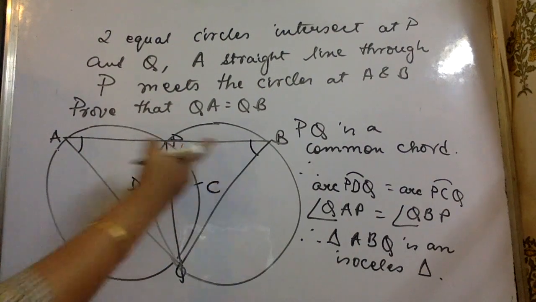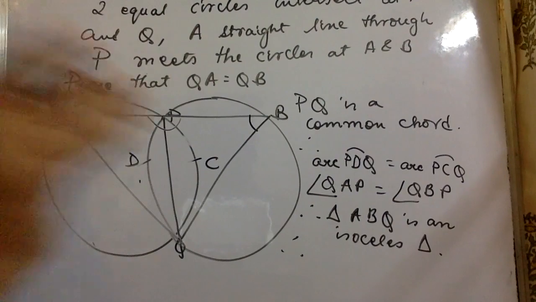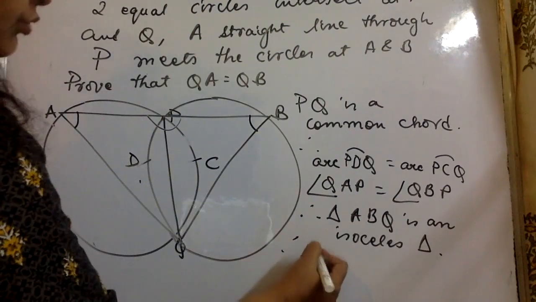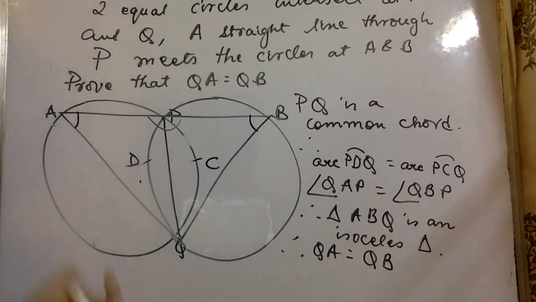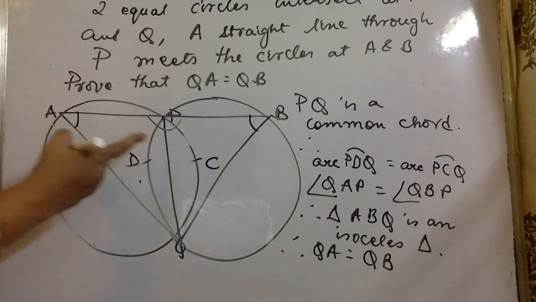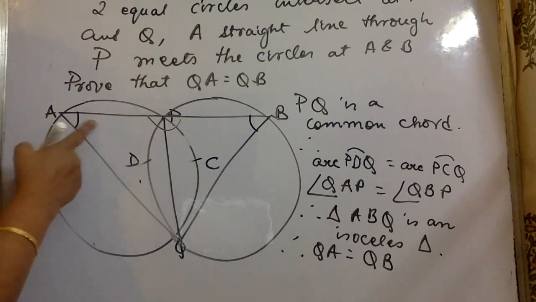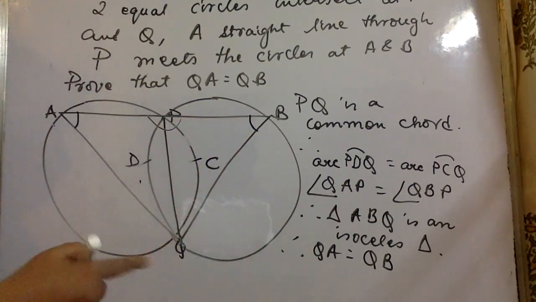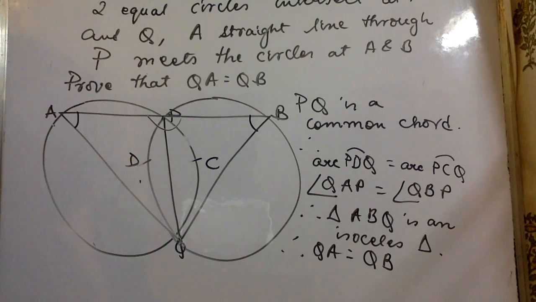Why? Because base angles are equal. Therefore we can say that QA is equal to QB, because in an isosceles triangle, if the base angles are equal, the opposite sides, opposite to this is QA, opposite to this is QB, that is also going to be equal. Hence QA is equal to QB. Hence we have proved it.